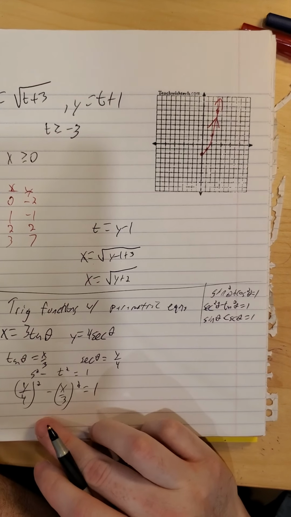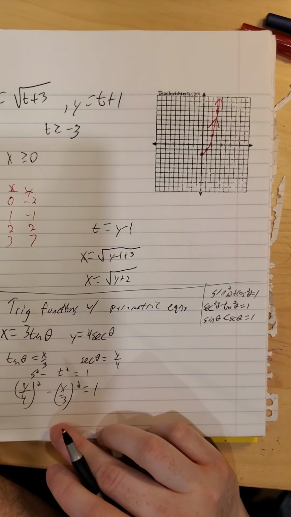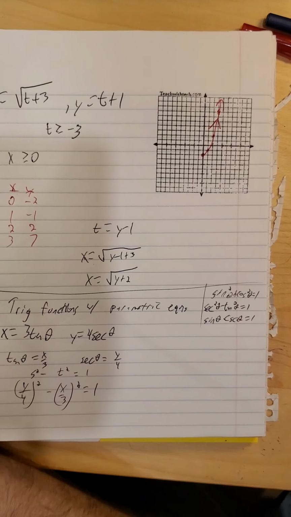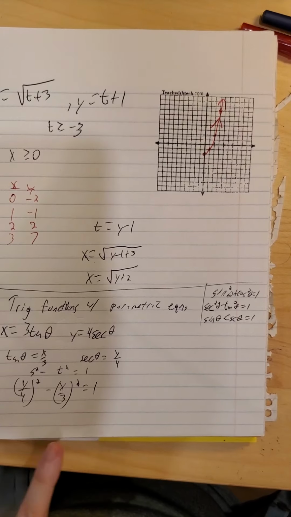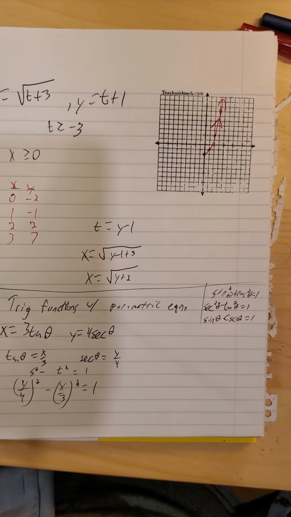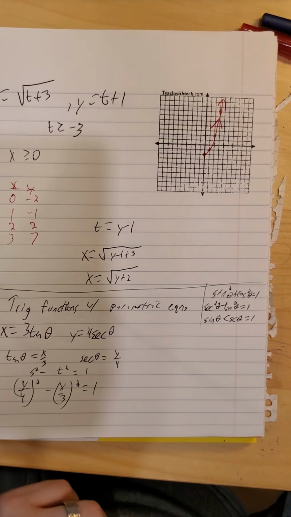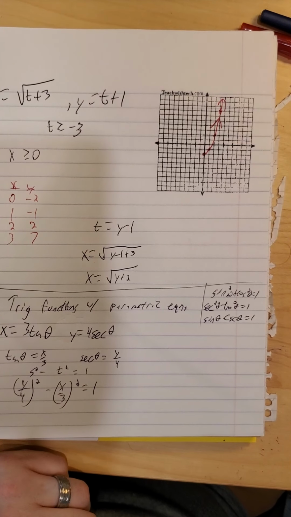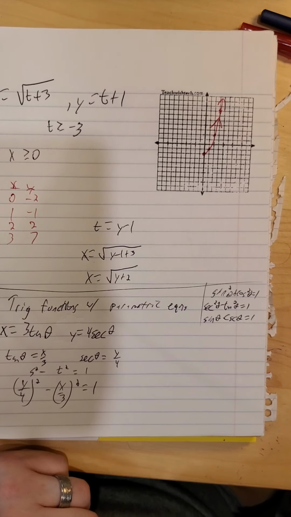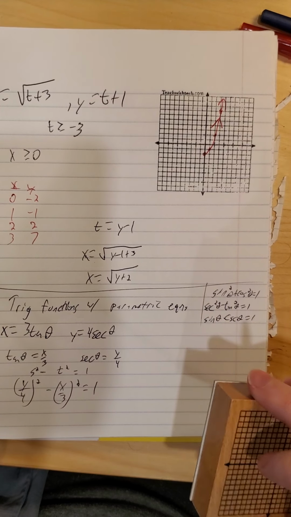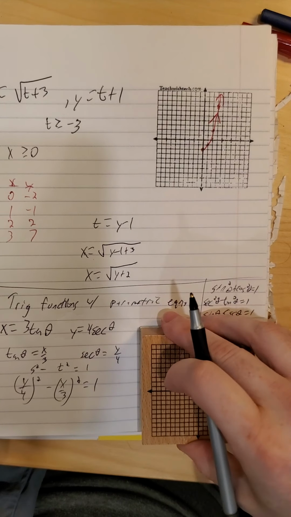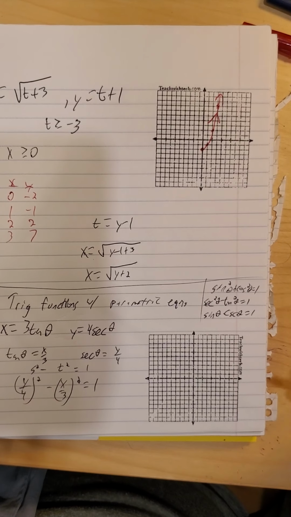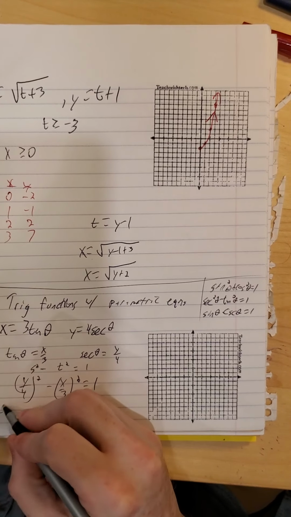Okay, so this format should look familiar. This is a hyperbola, since we have the minus on there. Okay, so some of the properties of this hyperbola.